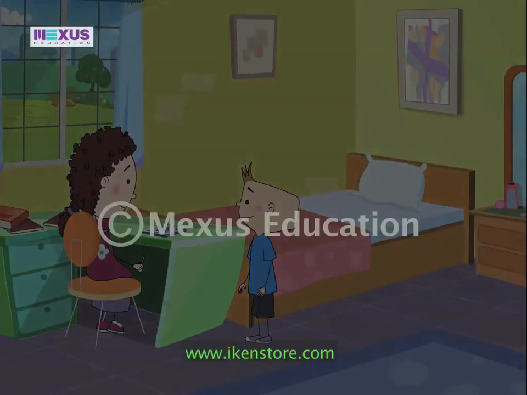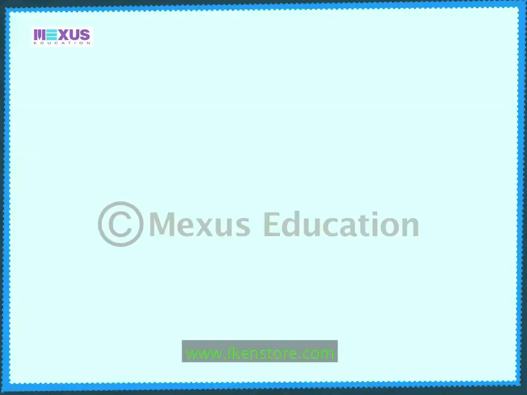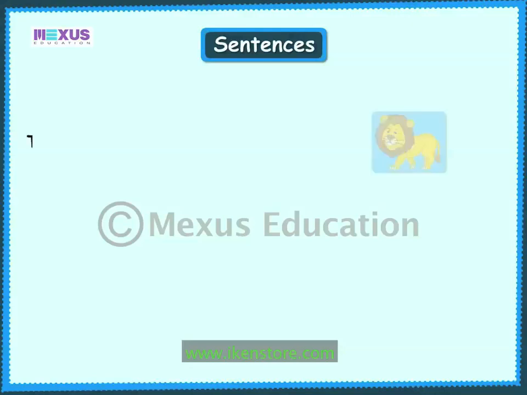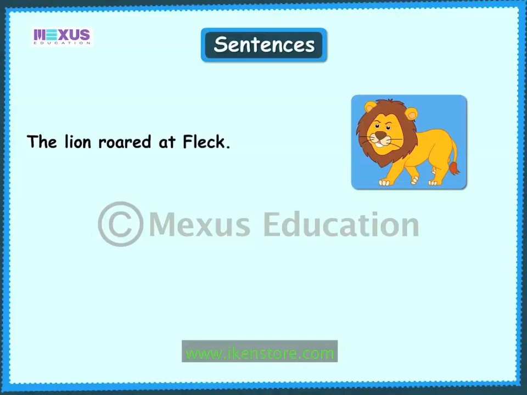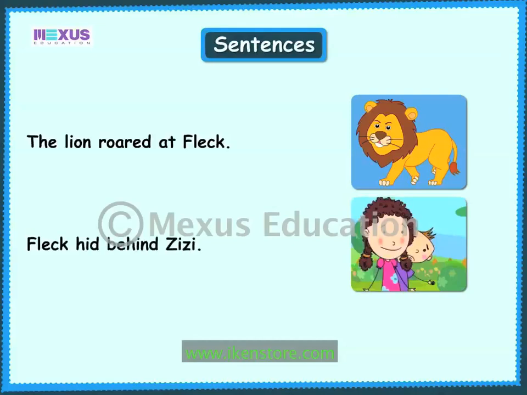Zizi has written meaningful sentences in her essay on her visit to the zoo. But what do we mean by the word sentences? The lion roared at Fleck. Fleck hid behind Zizi. Both these groups of words are sentences.